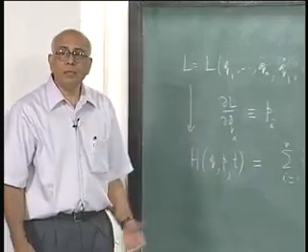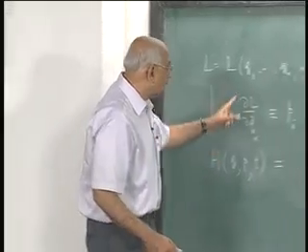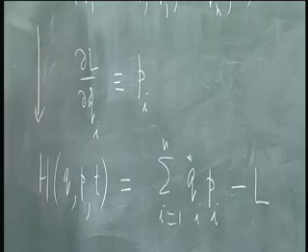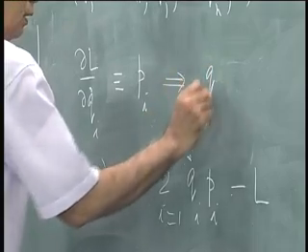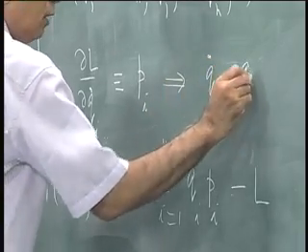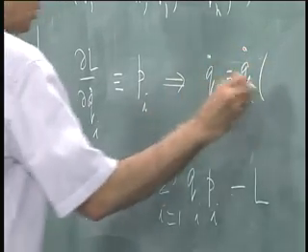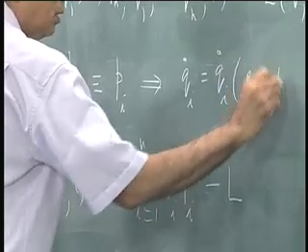So how are you going to get rid of these velocities? They are sitting right here. So what you are supposed to do is to solve this set of equations and write qi dot as a function of all the q's, p's and possibly time.